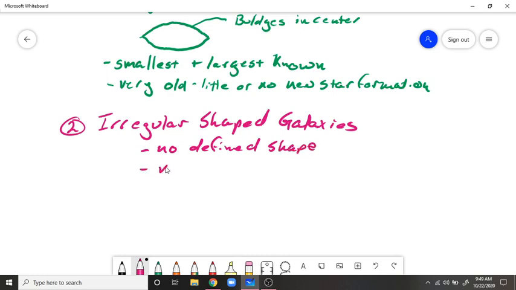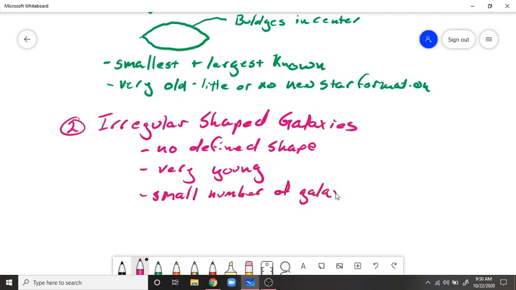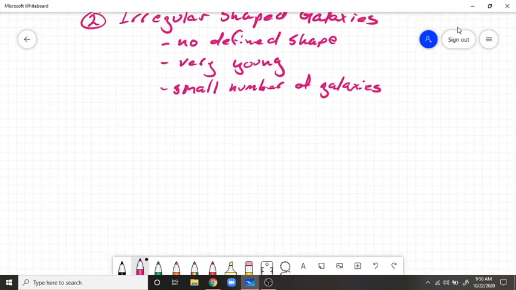These galaxies are very young, and there is only a small number of galaxies that are considered to be irregular shaped.